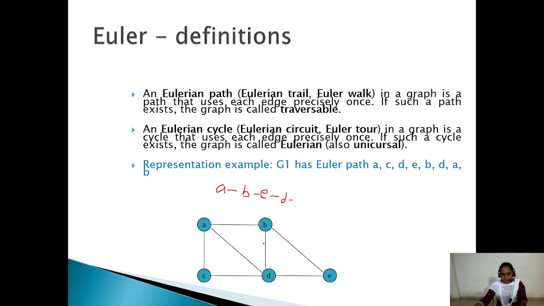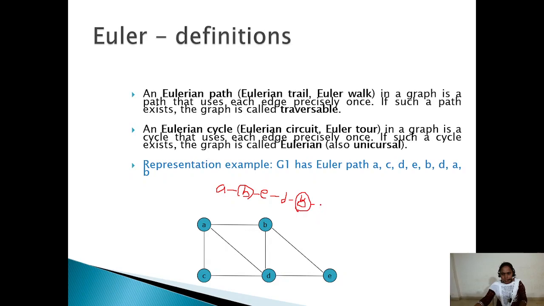D as a vertex will be repeated, but edges are accessed exactly once. So D to B, and the vertex B is repeated.